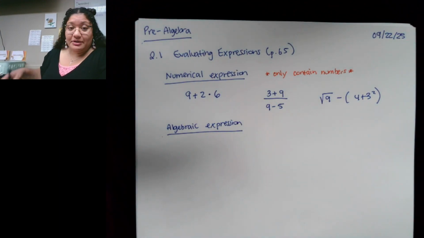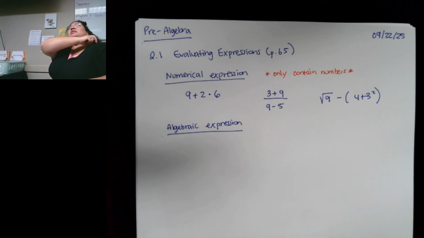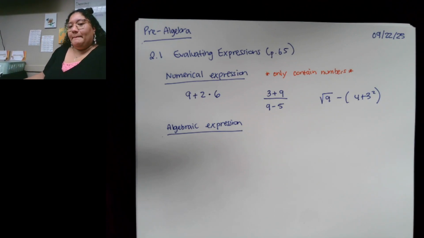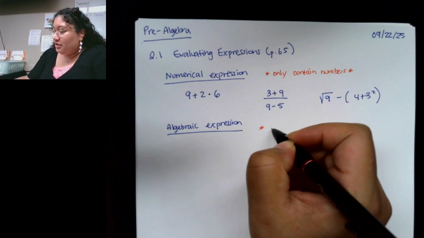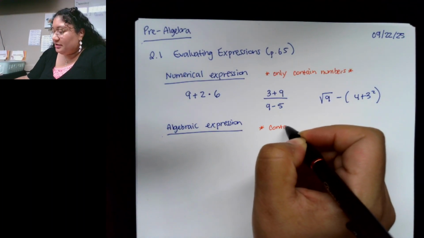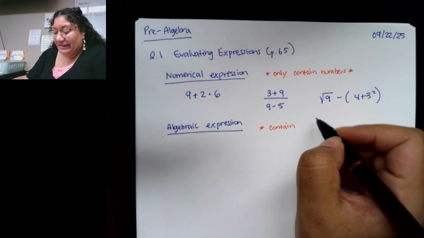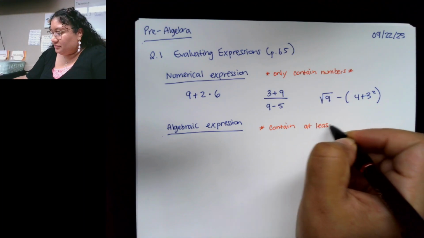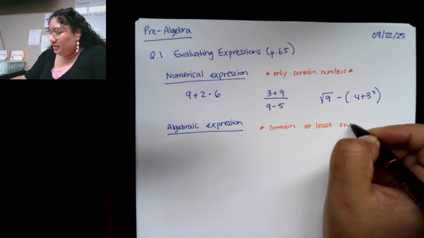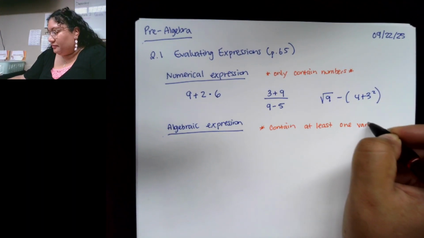You can say your answer out loud. Let's see if Miss Address tells you if you're correct or not. So these will contain at least one variable.